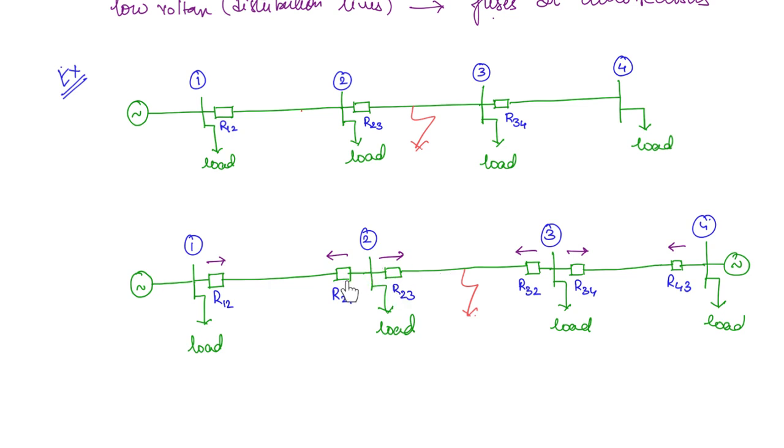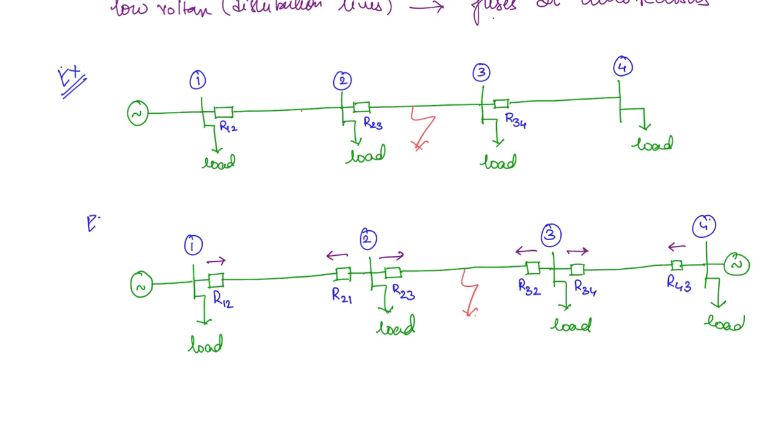This relay will not operate, because the fault current should be in the opposite direction for it to operate. So even if fault current is flowing in this direction, it will not operate. In this way this load can be easily delivered from this generator without any problem. That is why we use a directional component as well.